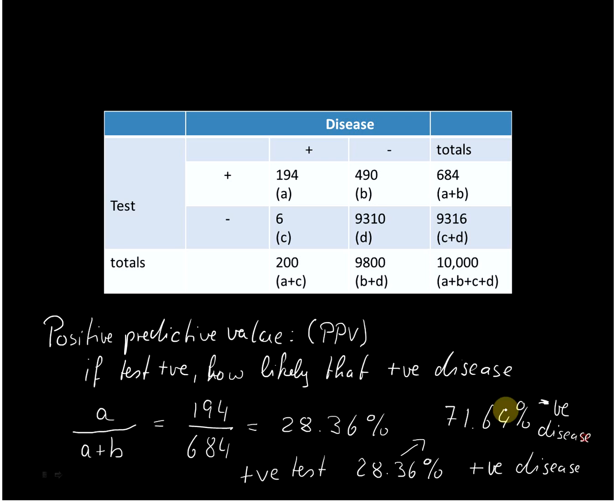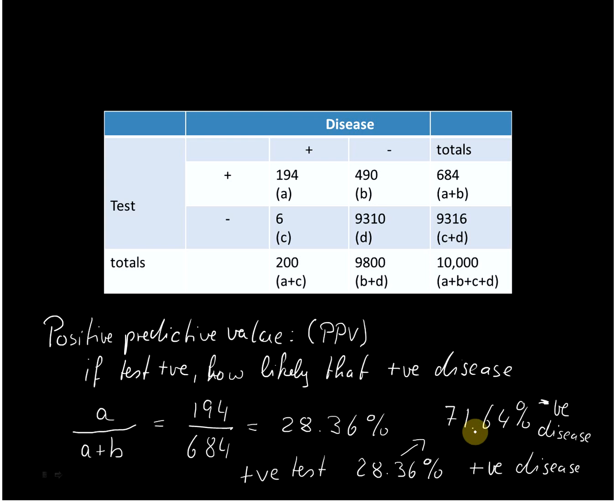So when you go to the doctor and the doctor says, oh, you tested positive for the disease, it does not necessarily mean that you have the disease. In this case, there's only a 28%, less than 1 in 3 chance that you have the disease actually. So there is a very good chance that although you are positive with the test, you don't have the disease.